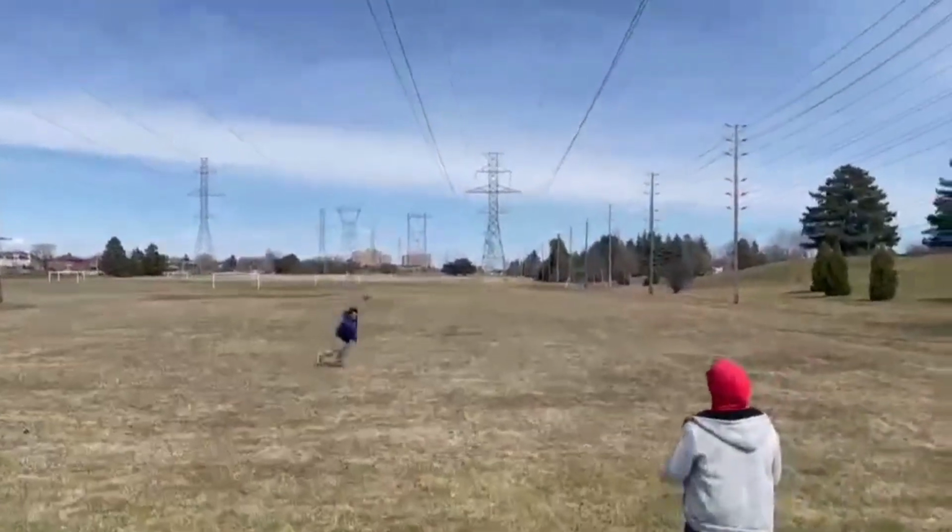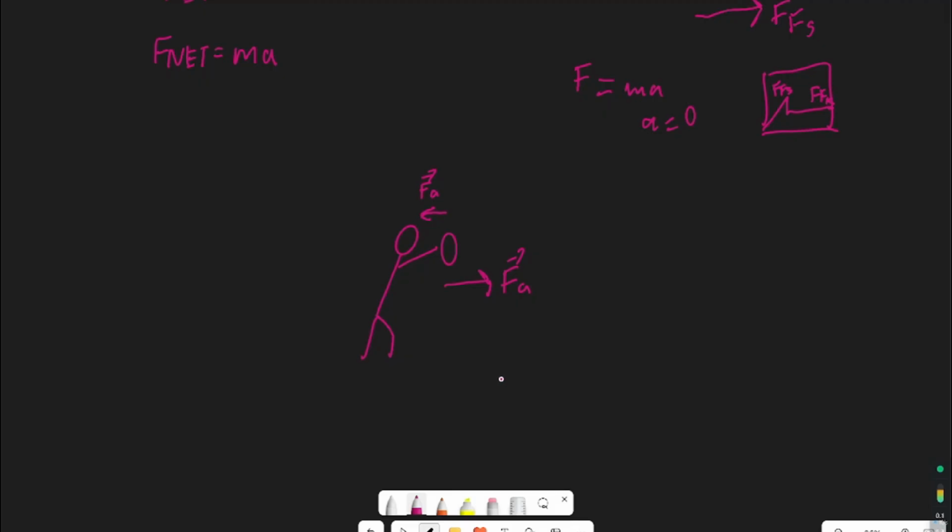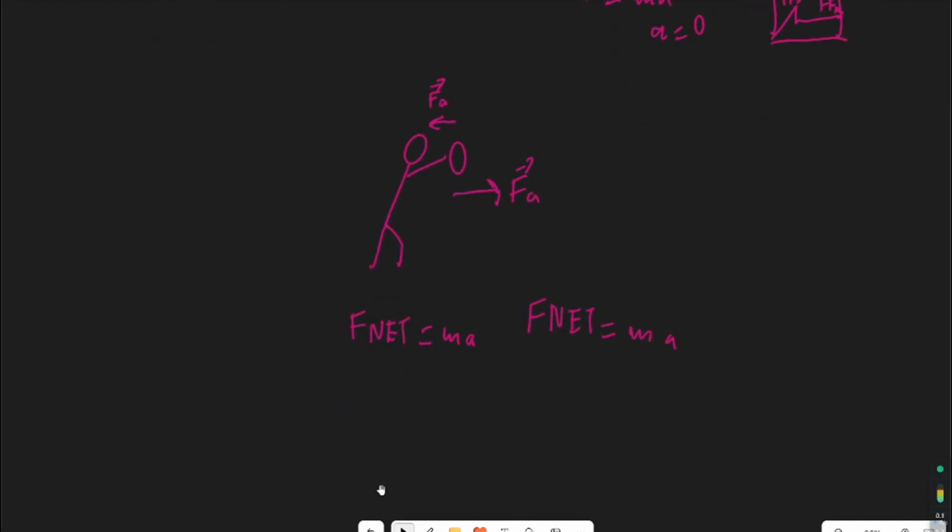However, Alex does have friction, and Alex does have acceleration. So Alex's F net and the ball's F net are equal. However, their masses are unequal. Therefore, their acceleration must not be equal because, well, mass and acceleration are inversely proportionate.